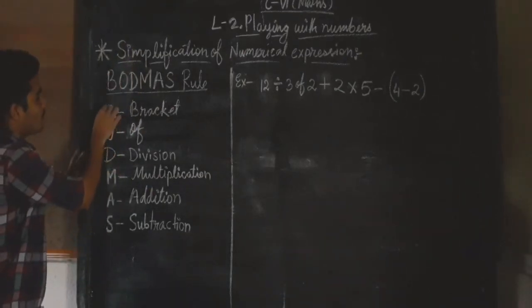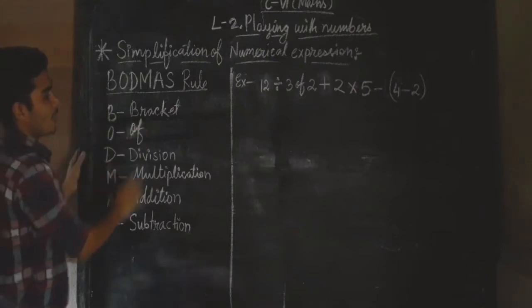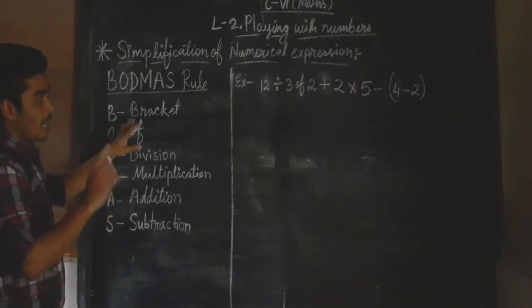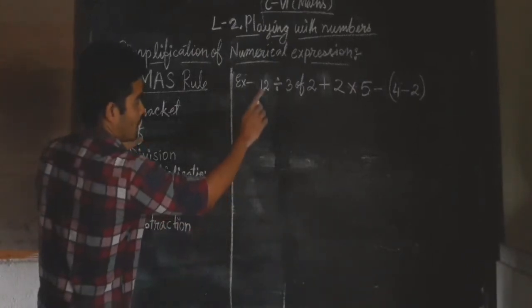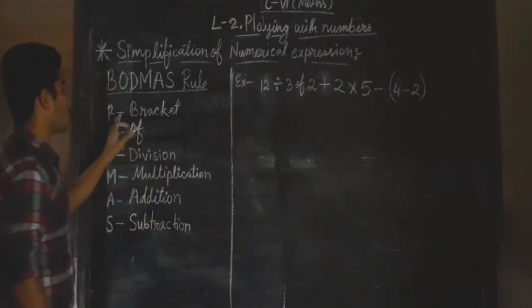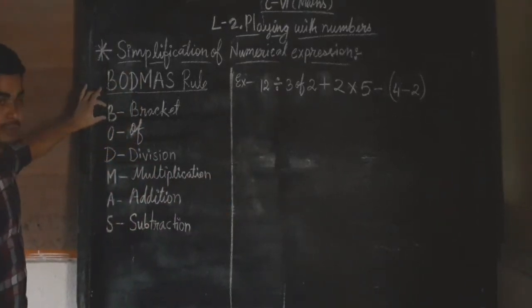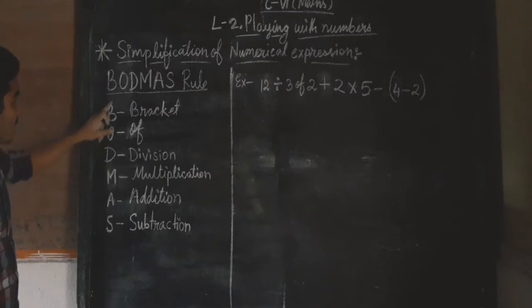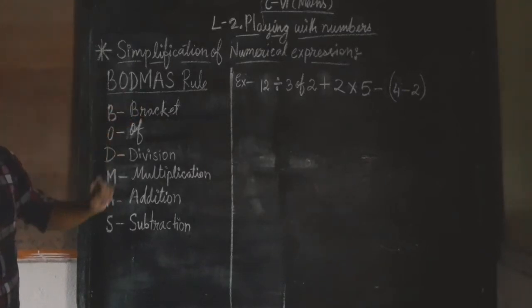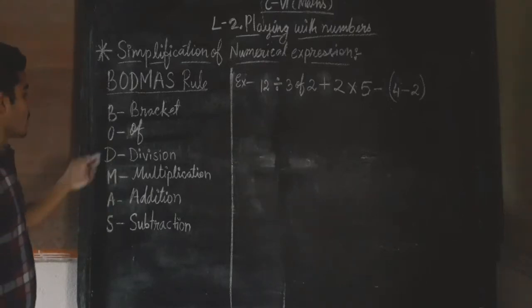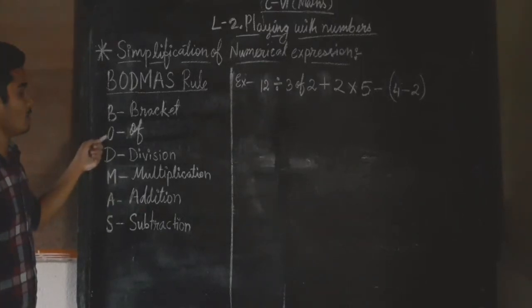The first letter is B. B is used for bracket, meaning if any brackets appear in the numerical expression, we have to open the bracket first. B is first, so we always open the bracket first. After that we have to calculate O.